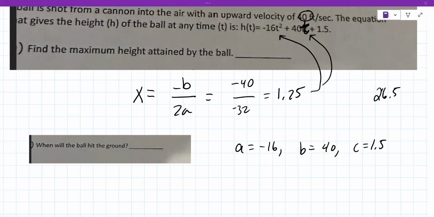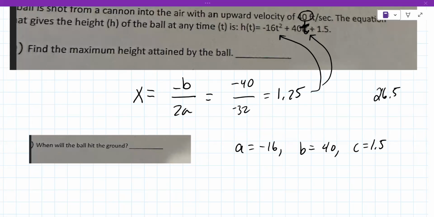Square root of 1600 minus 4 times -16 times 1. I got 41.18.